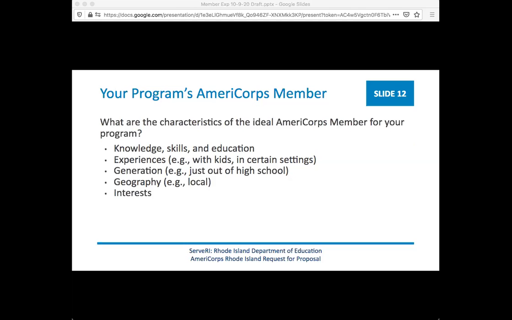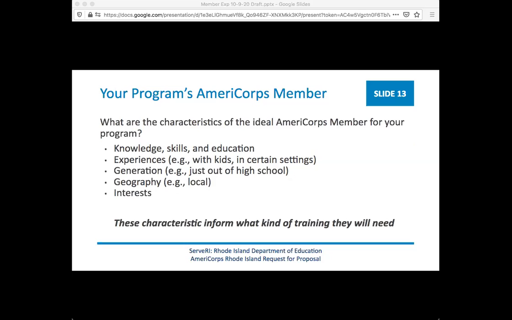This is basically the foundation of your position description. But you have to know how this fits your program, because it'll look different from program to program, depending on your theory of change. This also will inform what kind of training they will need.